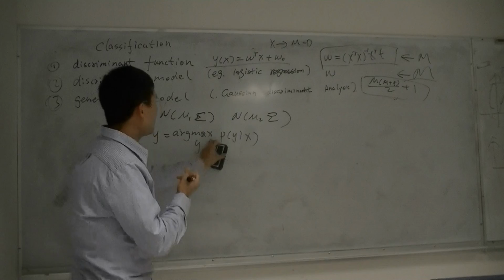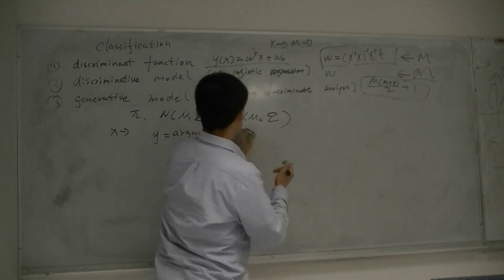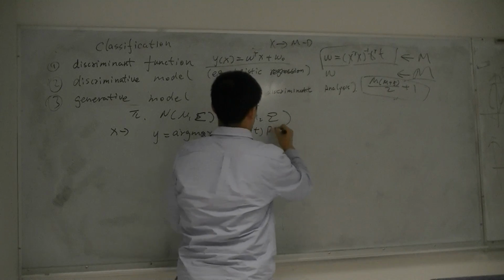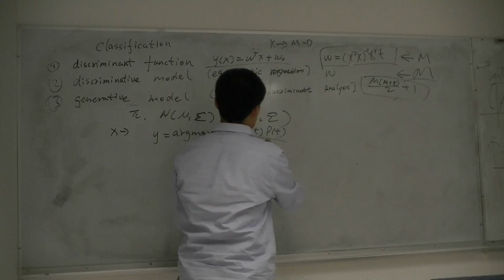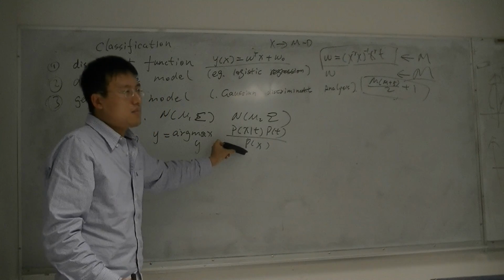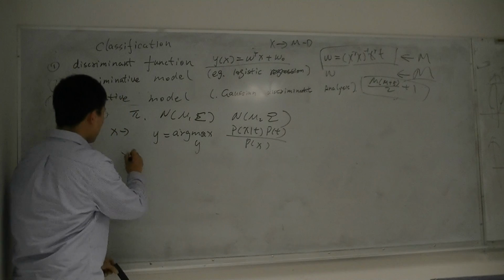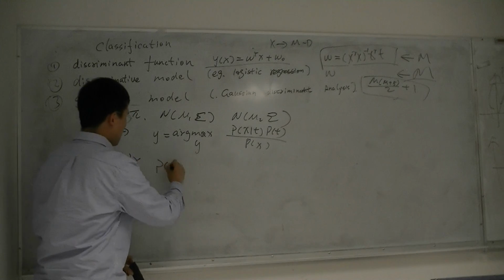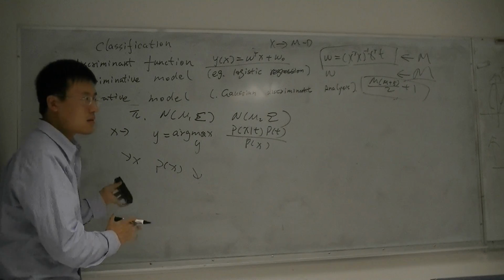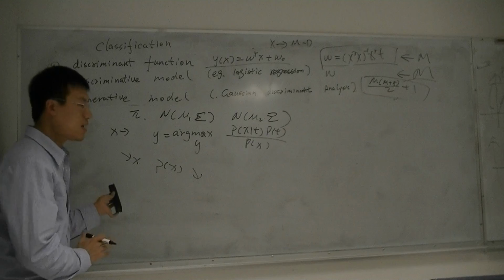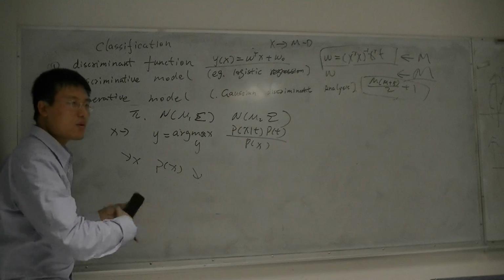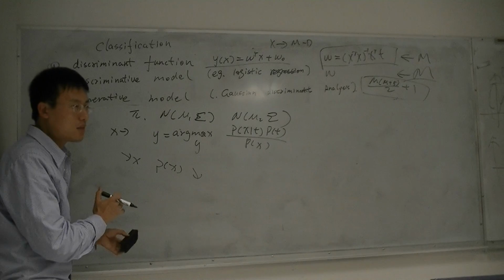And if we want to evaluate this term, we need to evaluate the model evidence. So in this case, we know the model evidence, p of x. So given any input x, if the p of x is very small, then we know the classification accuracy of this x may not be very good. So this gives you a way to reject some input.